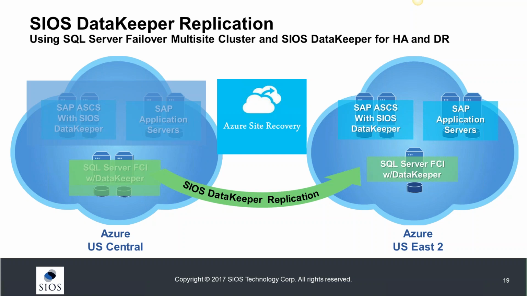So you might deploy a 2-node cluster with SQL Server Standard in US Central, and then replicate that to maybe a single node cluster in US East for disaster recovery. And that gives you a very similar recovery point objective to the always-on availability groups. We're doing asynchronous replication across the WAN.